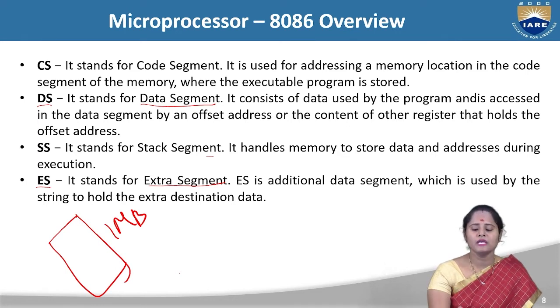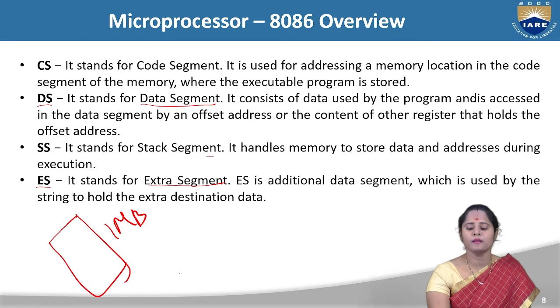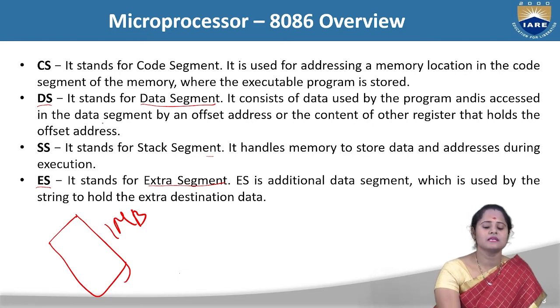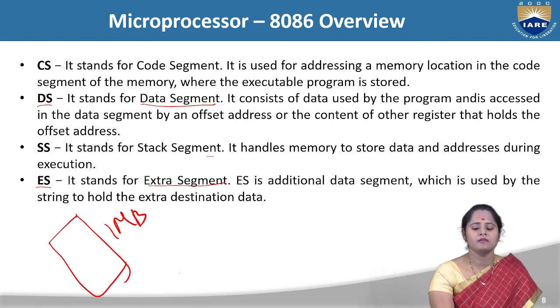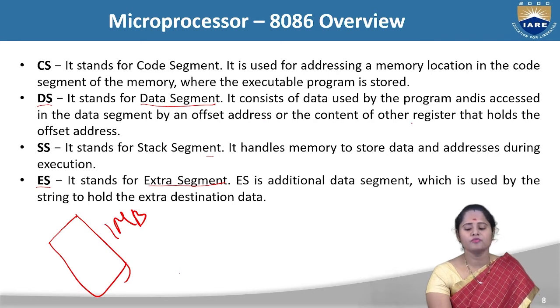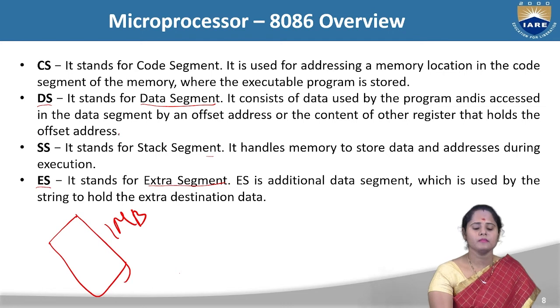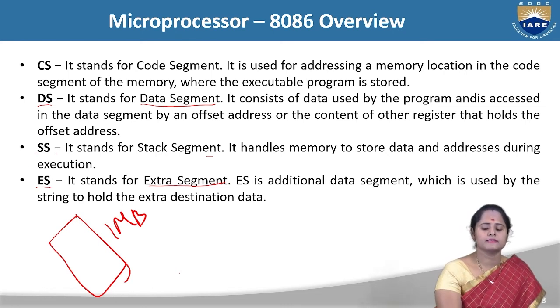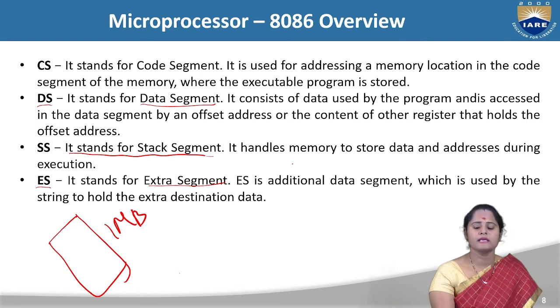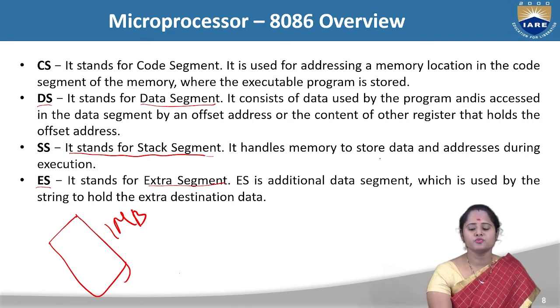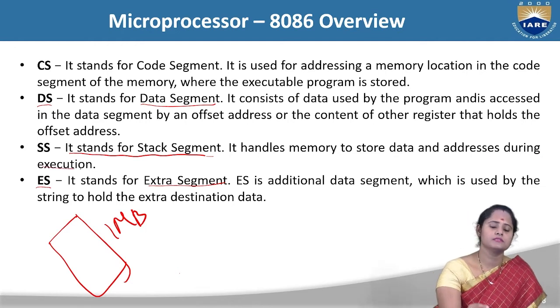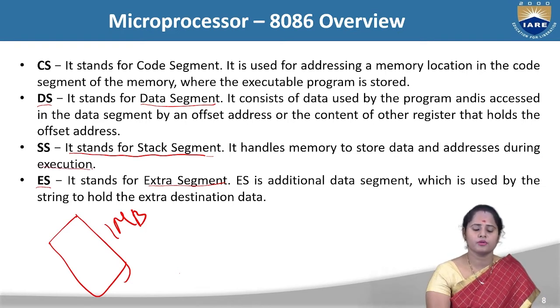It consists of data used by the program and is accessed in the data segment by an offset address or the content of another register that holds the offset address. And the next one, the stack segment. SS is the stack segment. It handles the memory to store data and addresses during execution, for stack related operations.